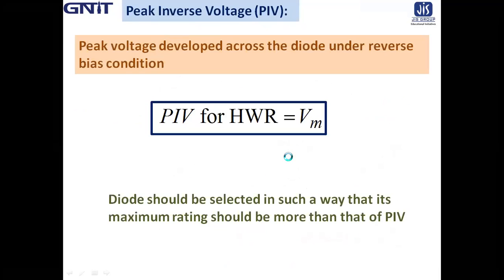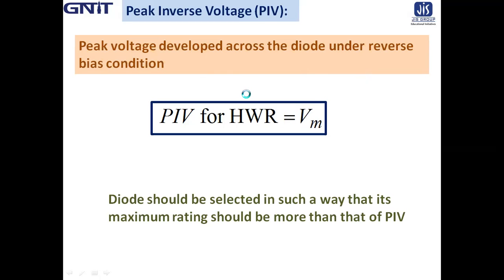Next, we move to the calculation of peak inverse voltage. Now, what is peak inverse voltage or PIV? The peak voltage developed across the diode under reverse bias condition is called the peak inverse voltage.